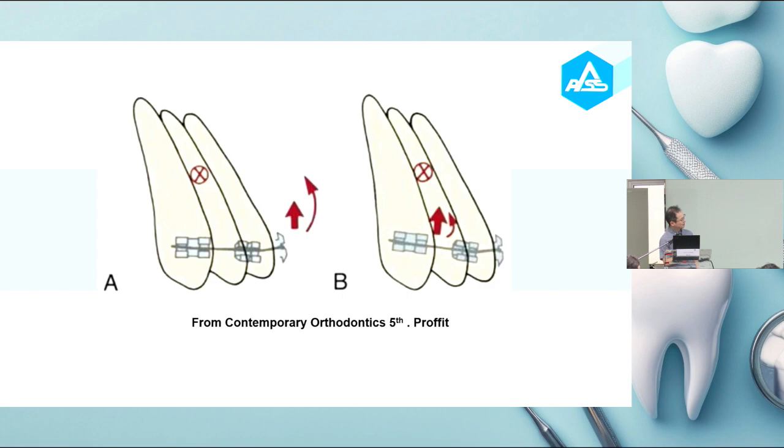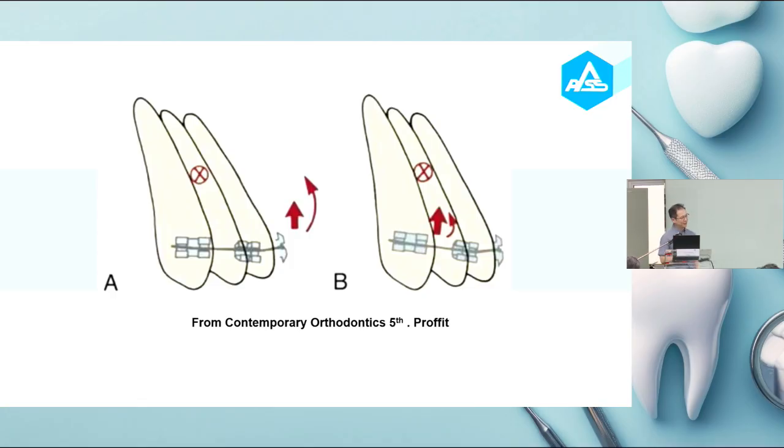In the sagittal direction, the center of resistance of the anterior teeth is located between the central incisor and the canine. So flaring of the incisor occurs when the point of force is further away from the center of resistance.